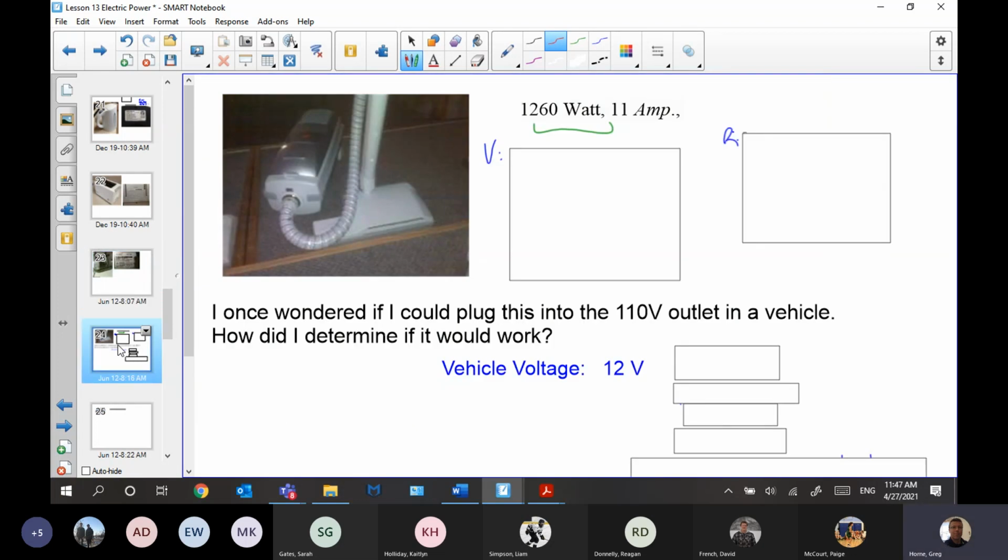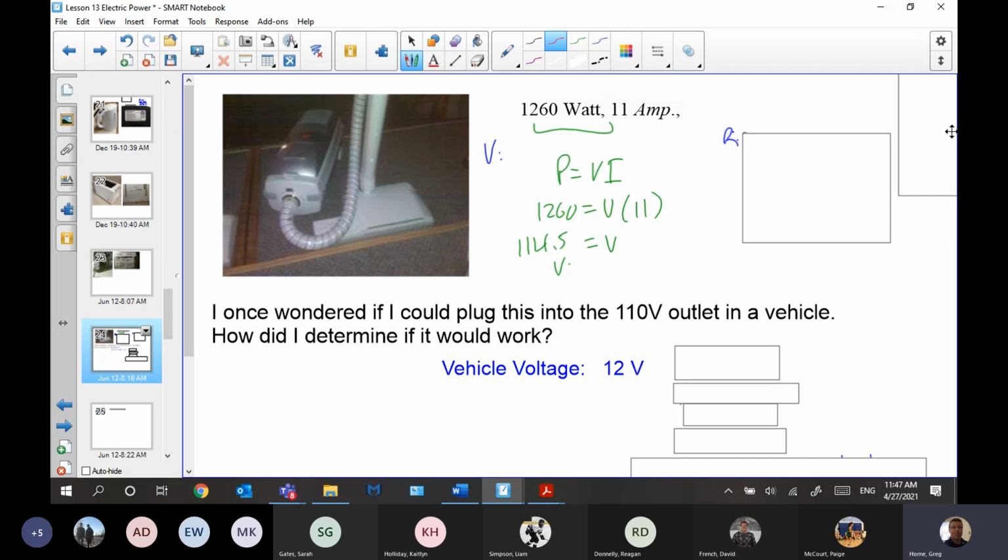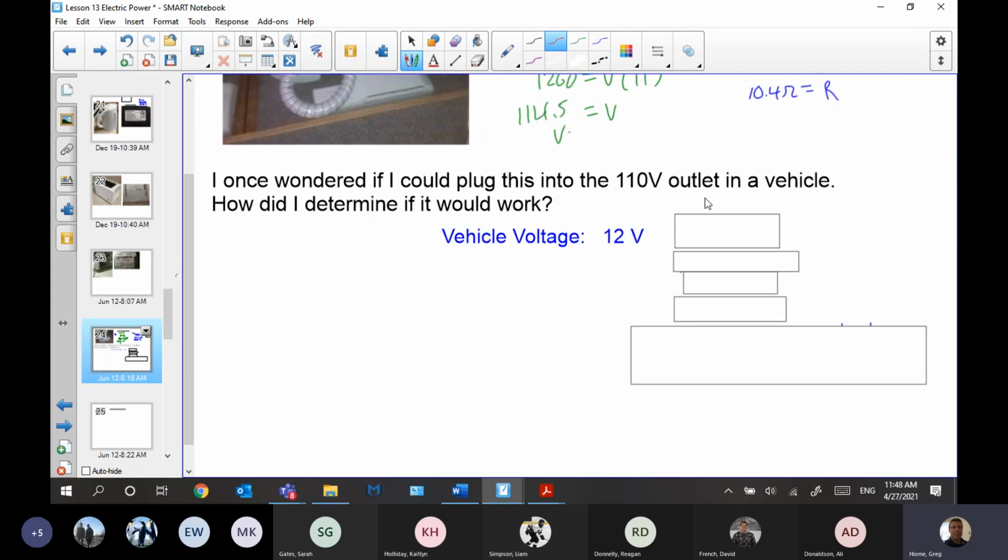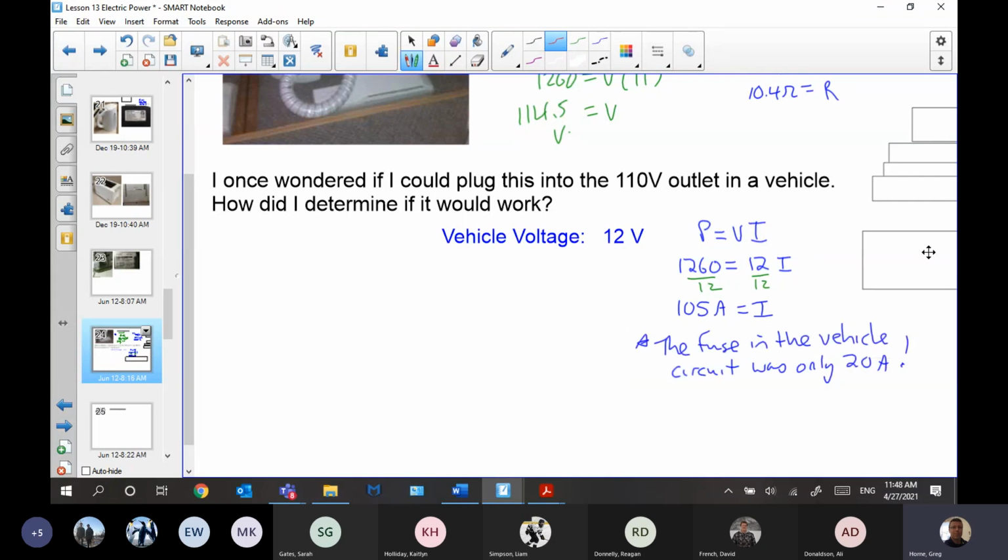This vacuum cleaner actually does say on it the wattage, and it gives the amperage. So that means you could figure out the voltage it's meant to work at, and then figure out the resistance in it. I once tried to plug one of these into the 110 outlet on a car, and if you do the math, it was trying to draw 105 amps.